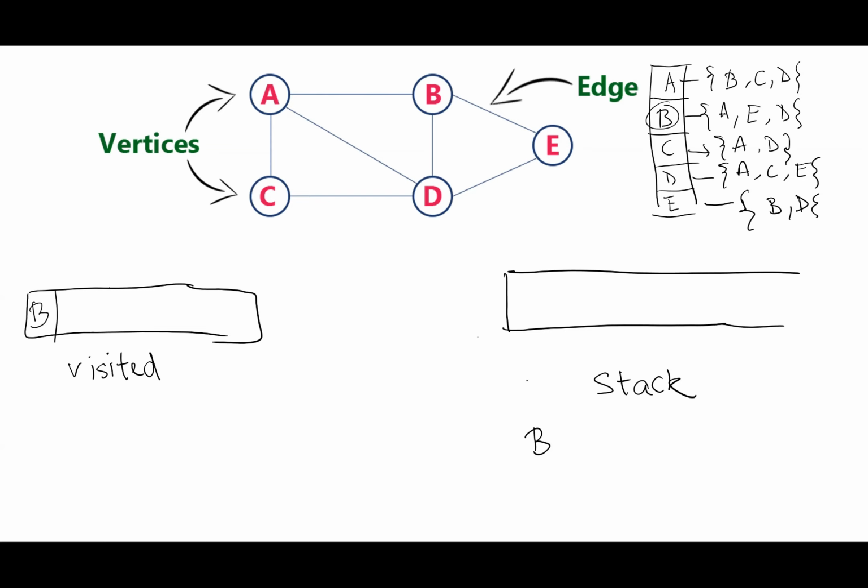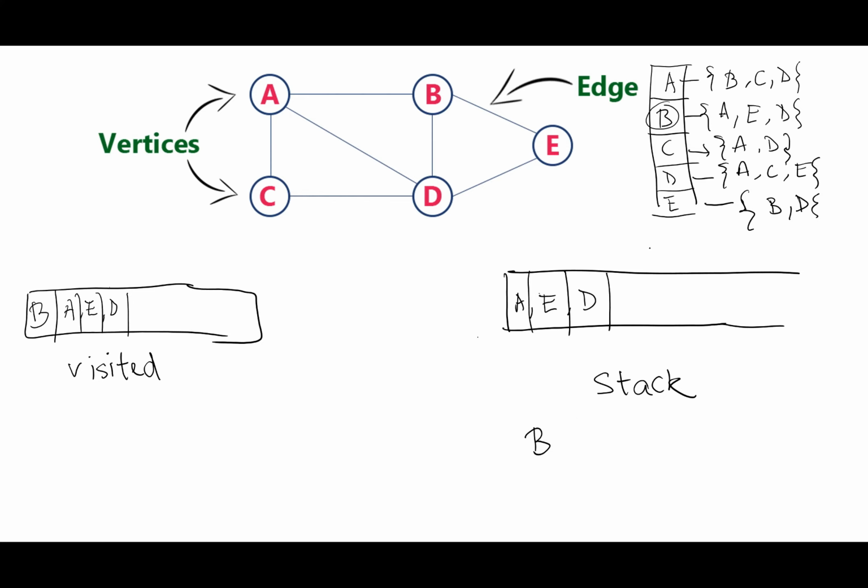So that means we take out B and we put B's neighbors, A, E, and D, into the stack, and also put them into the visited list.